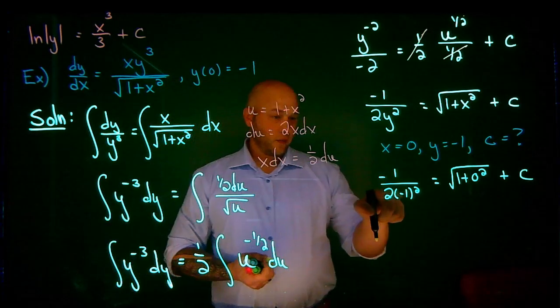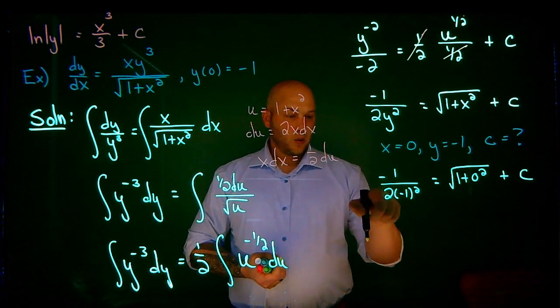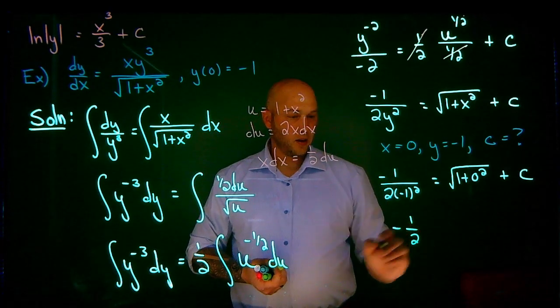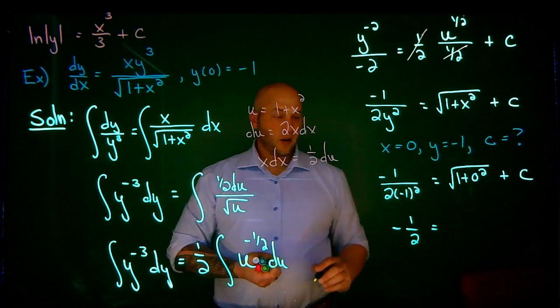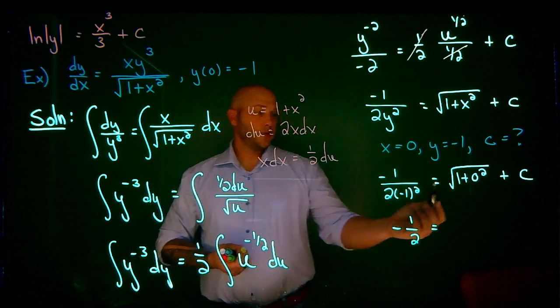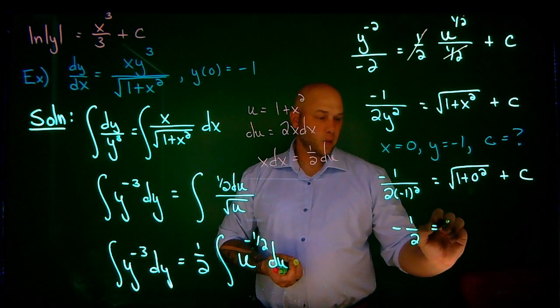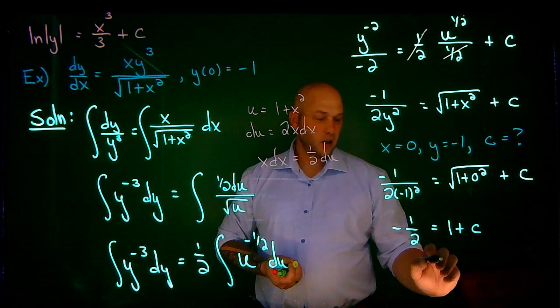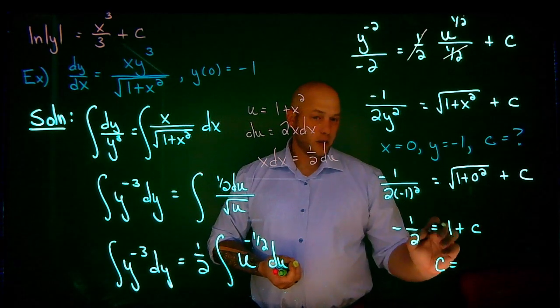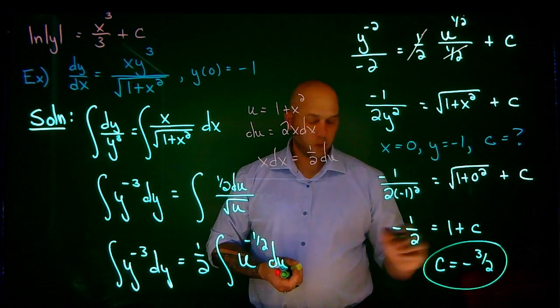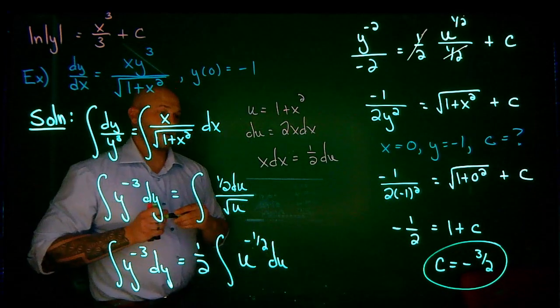Of course, the square of negative 1 is 1. 2 times 1 is 2, so this gives me negative 1/2 on the left-hand side. On the right-hand side, 0 squared is 0, 1 plus 0 is 1, square root of 1 is 1. That gives me 1 plus c, and then therefore c, by subtracting 1 to the other side, is negative 3 halves. So that would be the value of c in this particular case.